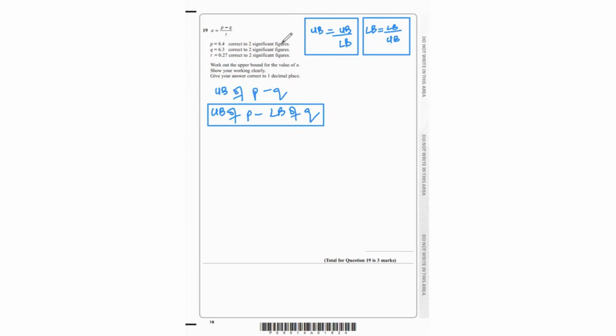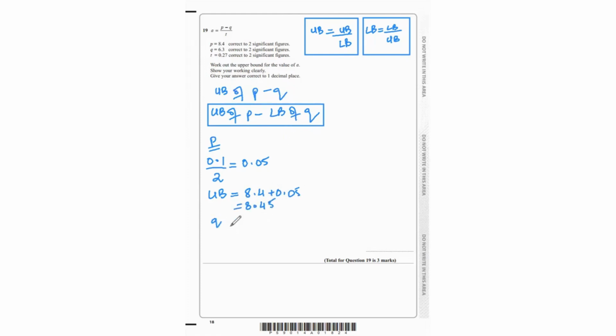So p is 8.4, correct to two significant figures. So second significant figure is 4. Place value of 4 is 0.1. So 0.1 divided by 2 is 0.05. For the upper bound, we will do 8.4 plus 0.05, which is 8.45.